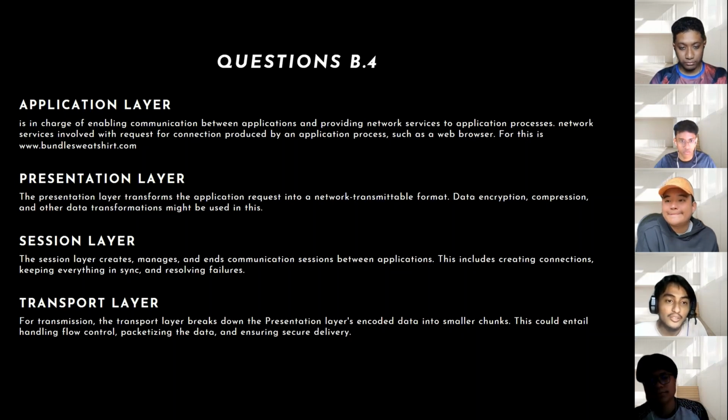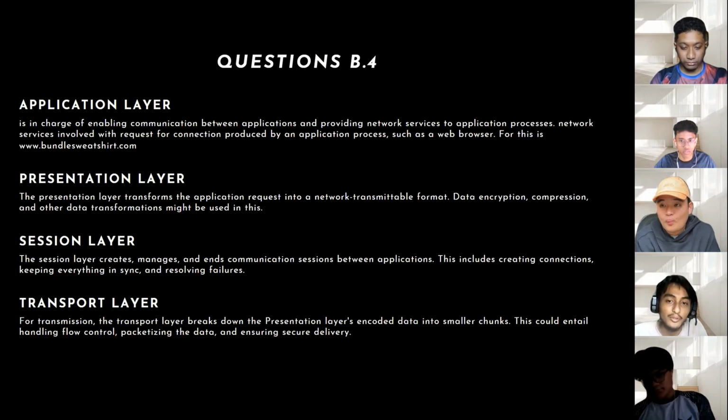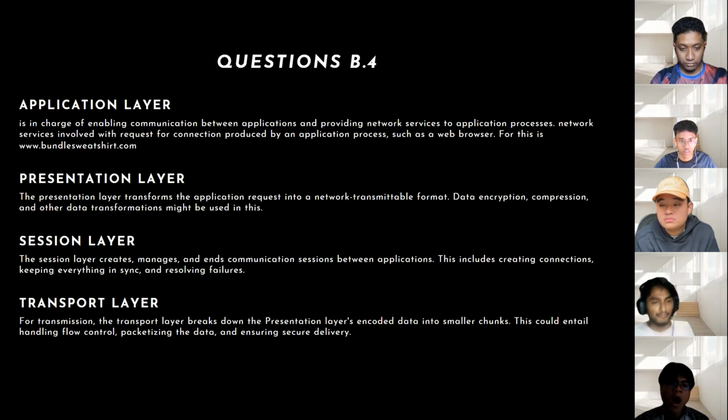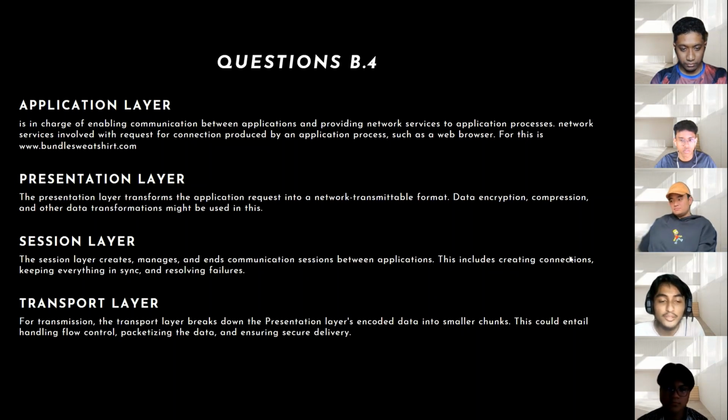Then for the presentation layer, we need the presentation to transform the application request into the format through data encryption and compression. And for the session layer, they will create and manage the communication between all applications and create the connection between them. For the transport layer, it will break down the presentation layer data that's been encoded into chunks of data and put it through the transportation channel.